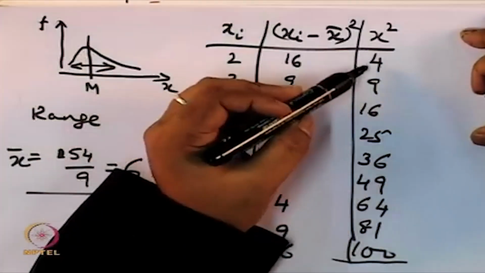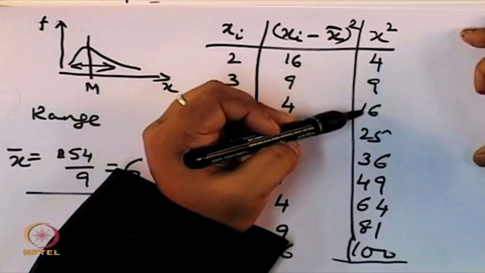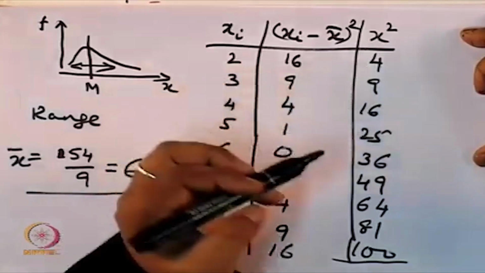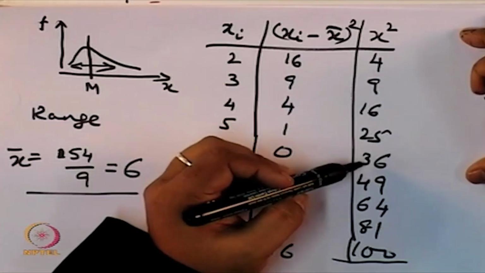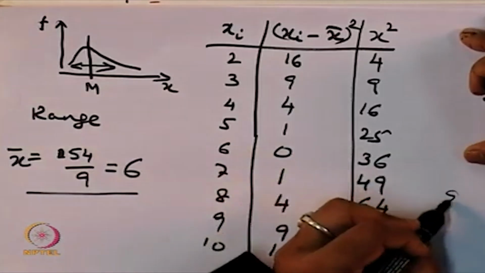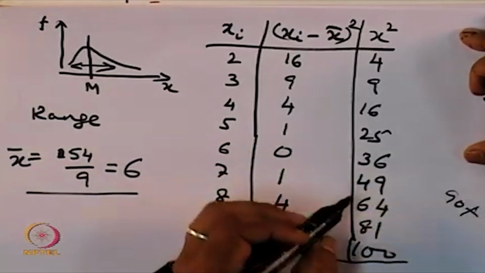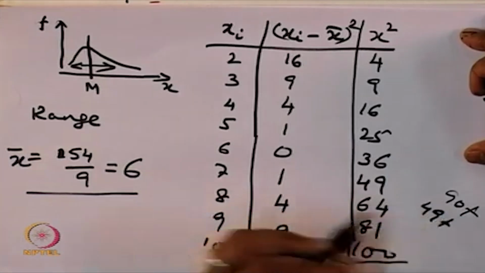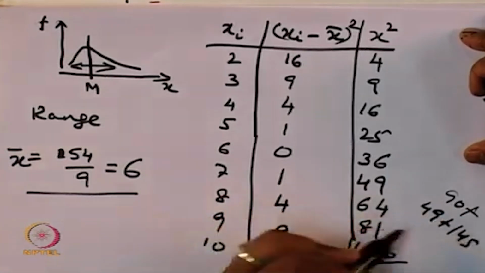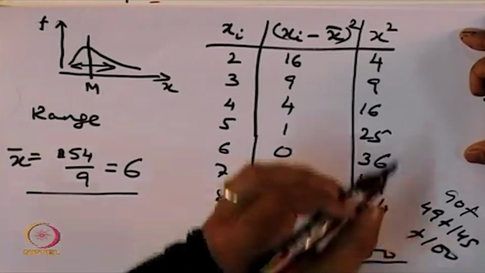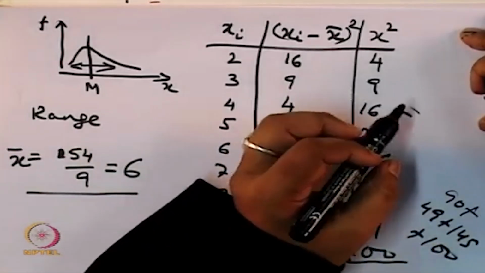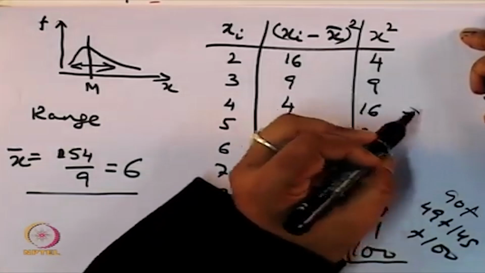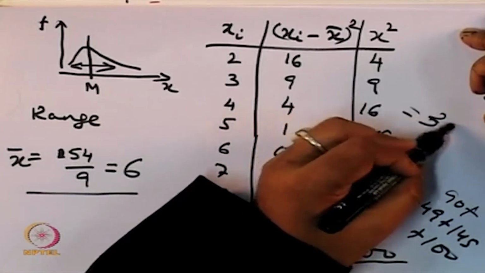So, let us see what this gives us. 13 and 16 is 29, 29 and 25 is 54, 54 and 36 is 90, 90 plus 49 is 139, plus 64, plus 81, plus 100, which gives 384.